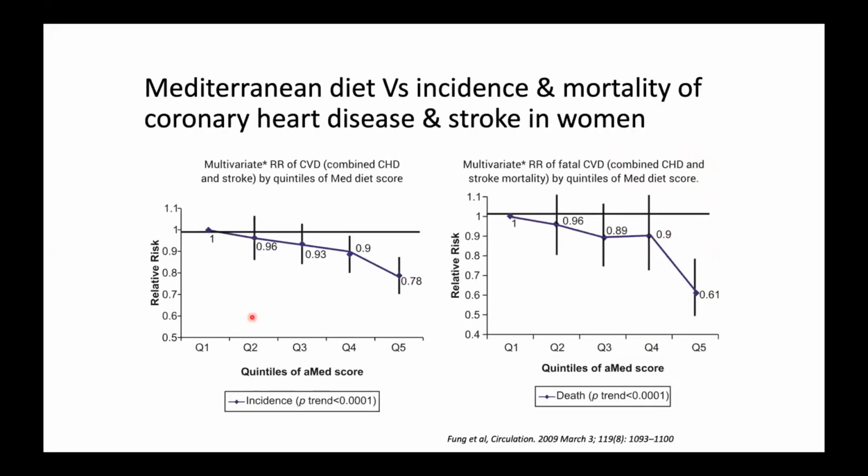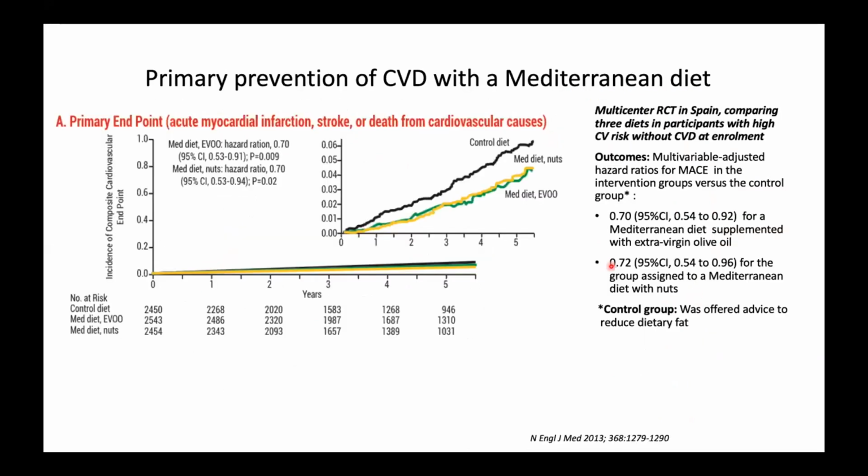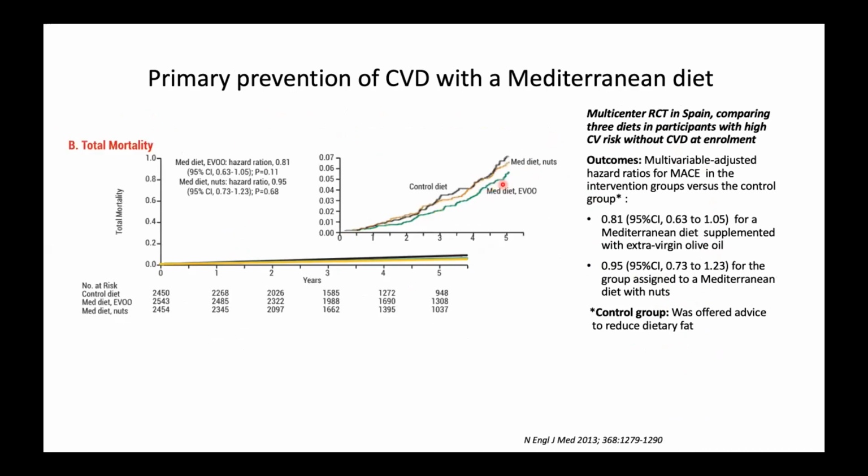They found a reduction in the incidence of coronary artery disease as well as stroke in women as well as men, and this reduction persisted even after continuing the diet for a longer period of time.